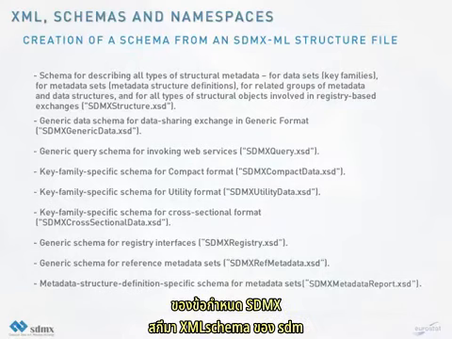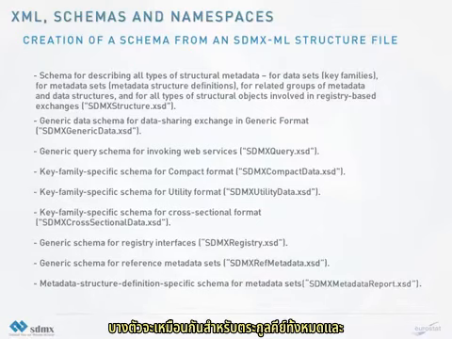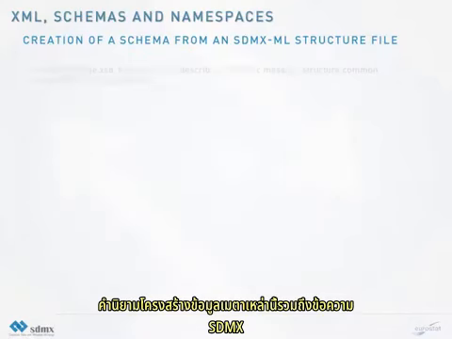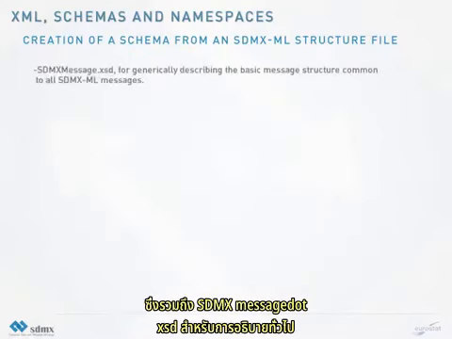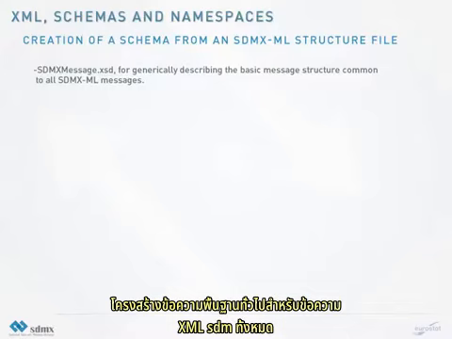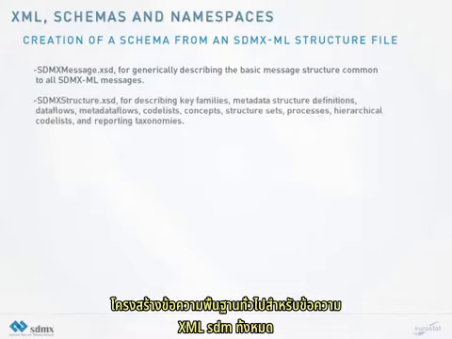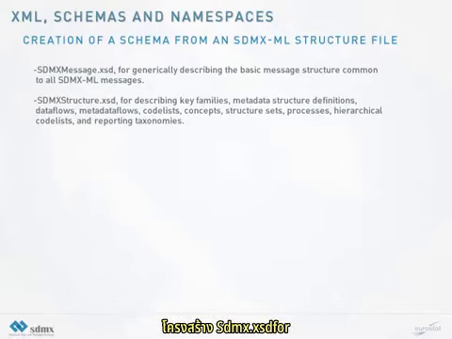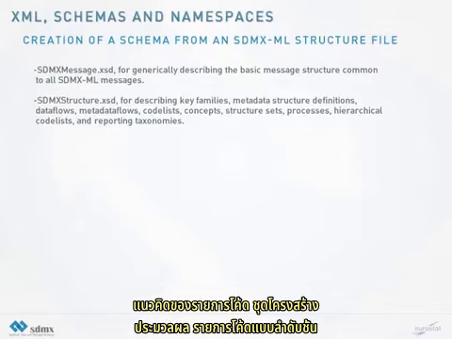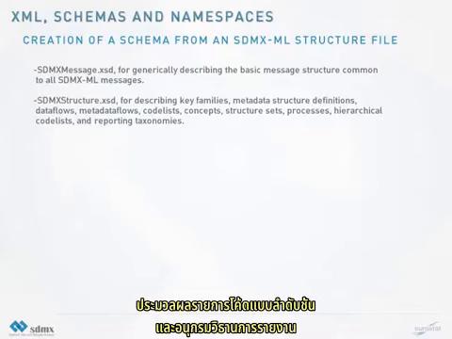Some SDMX ML schemas are the same for all key families and metadata structure definitions. These include SDMXMessage.xsd for generically describing the basic message structure common to all SDMX ML messages, SDMXStructure.xsd for describing key families, metadata structure definitions, data flows, metadata flows, code lists, concepts, structure sets, processes, hierarchical code lists, and reporting taxonomies.